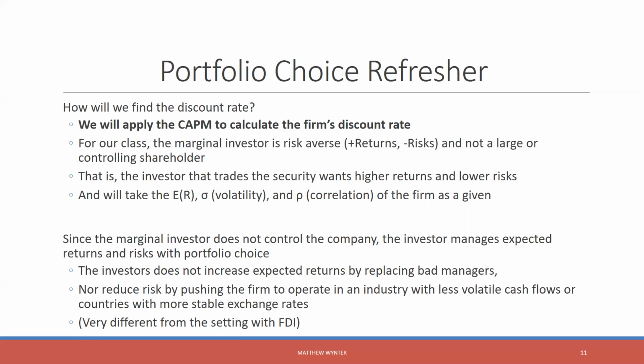For our class, we're going to assume the marginal investor is risk averse, so she likes returns, she does not like risk, and is not a large or controlling shareholder. That is, the investor that trades the security wants higher returns, lower risk, and must take the expected return, the volatility, and the correlation of the firm as given.